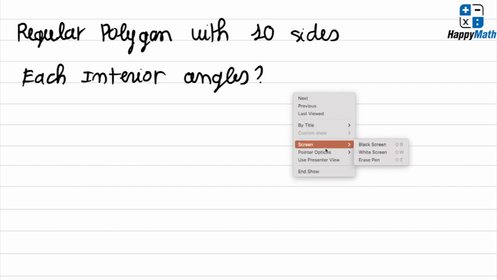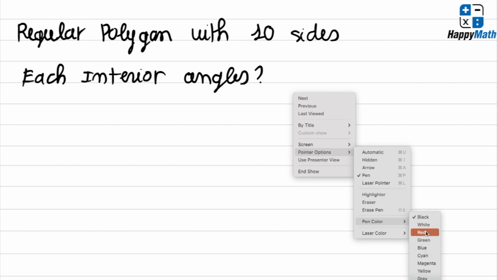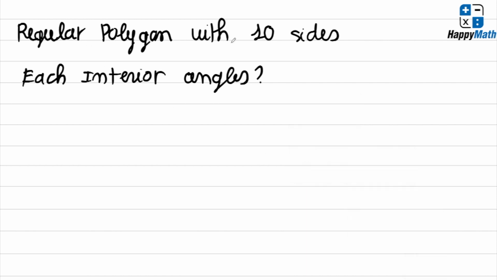The last question in my video here is a regular polygon with 10 sides. Find each interior angle. Okay, so you can apply the formula for each angle immediately. You take the sum and divide by the number of angles.